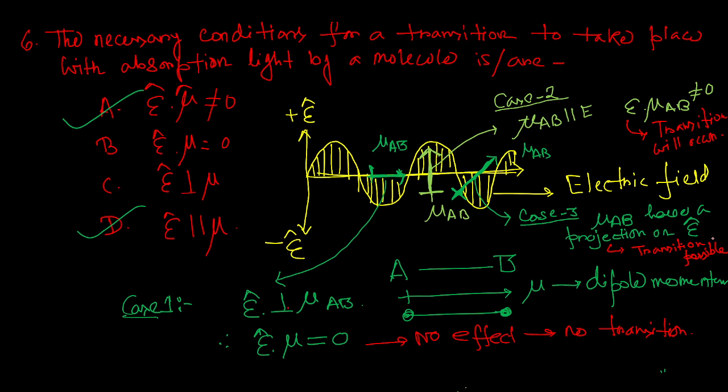If this is 0, then there will be no transition. And why is there no transition? Because we know if we look at the Hamiltonian, some constant, you get mu dot E or E dot mu.